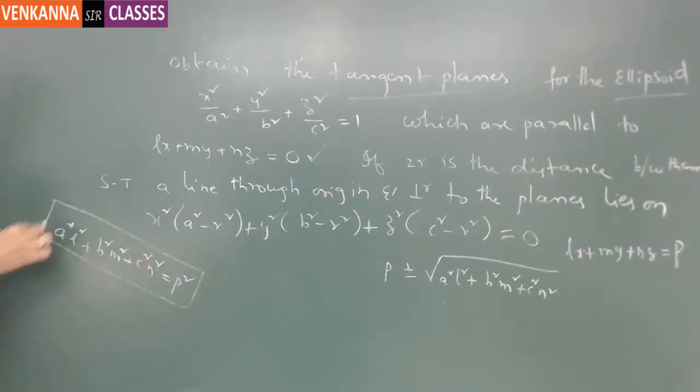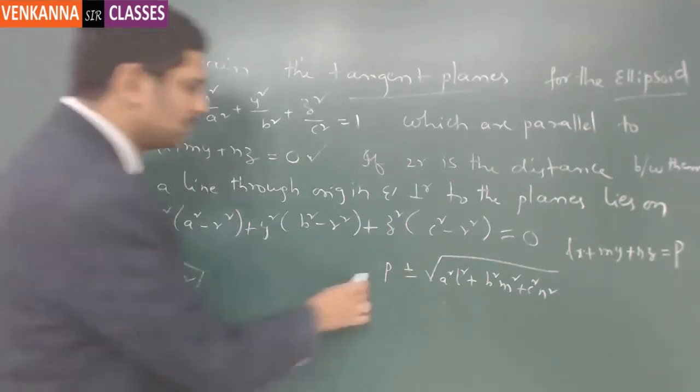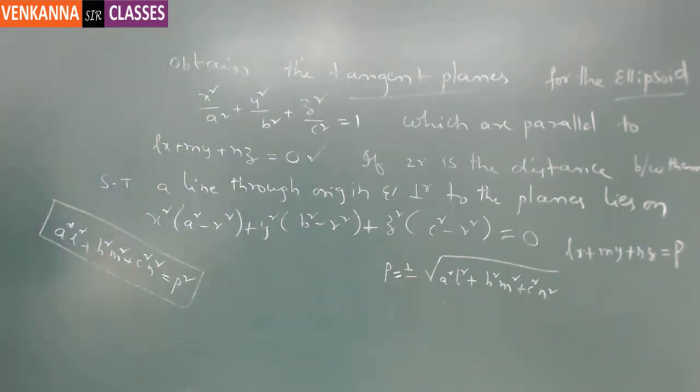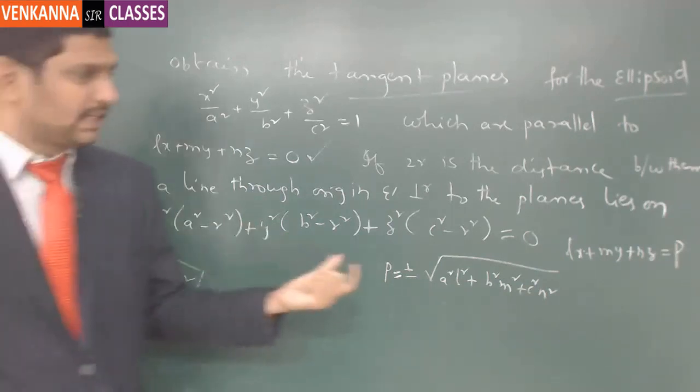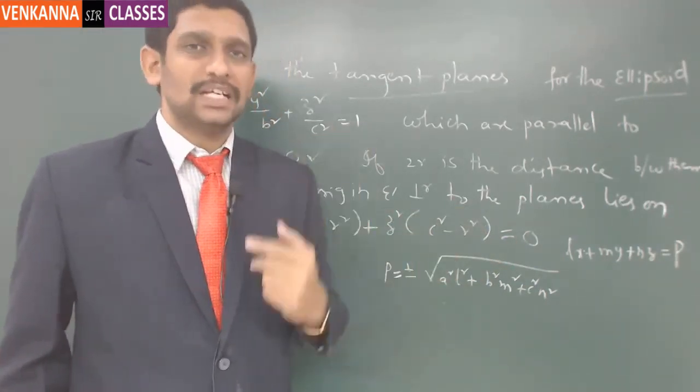So from this, the value of P is plus or minus this value. Agreed? So by taking plus and negative signs, we will get two tangent planes.